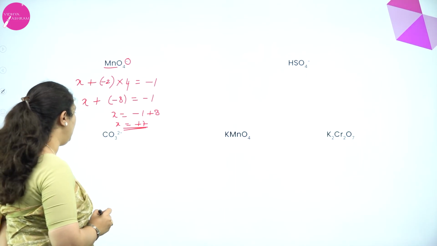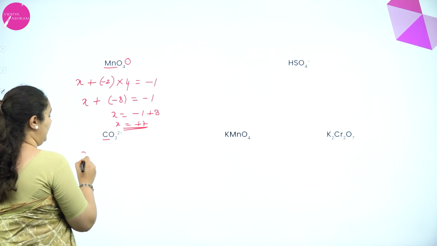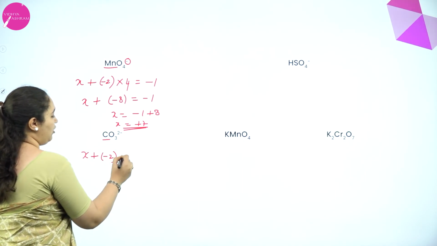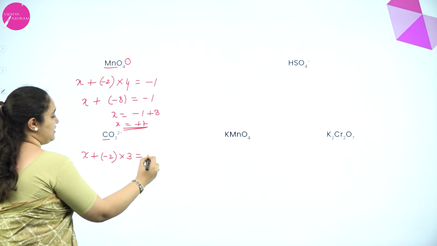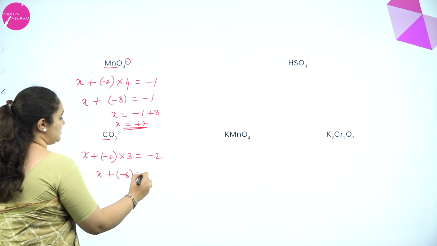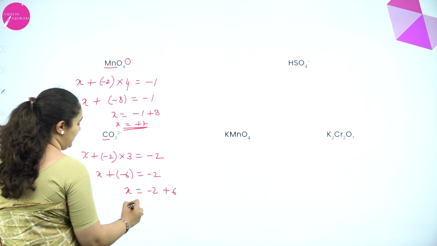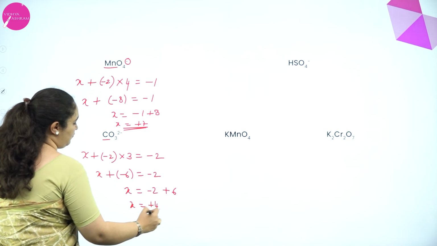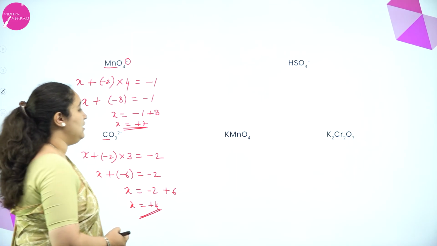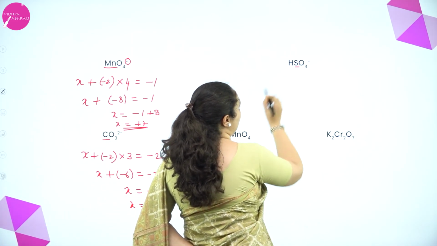Okay. Similarly, for carbonate, for carbon, I have to calculate. I'll take it as X. Oxygen is -2 into how many oxygen atoms? 3 is equal to -2. So, X plus -6 is equal to -2. X is equal to -2 plus 6. X is equal to +4. Okay. So, for carbon it is +4. Same way, for HSO4 minus, for sulfur I have to calculate.